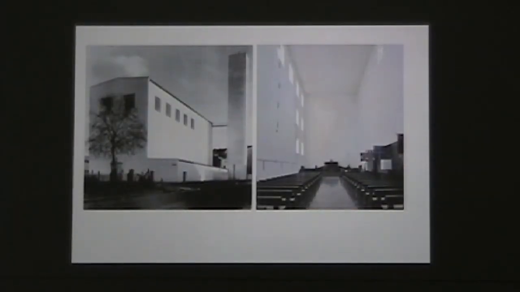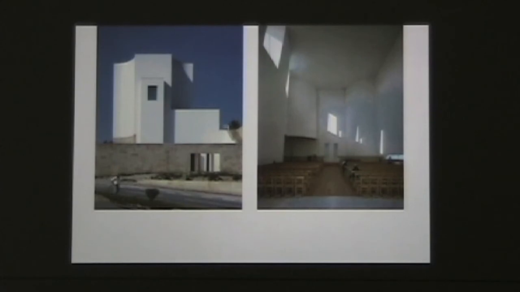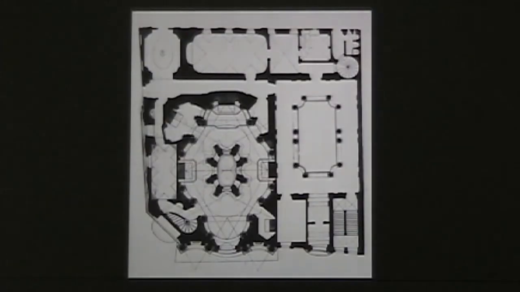This is Willis Schwartz, a wonderful church in Aachen, Milan and Pisa, in Portugal. But the key to the site was given to us by this plan by Borromini.